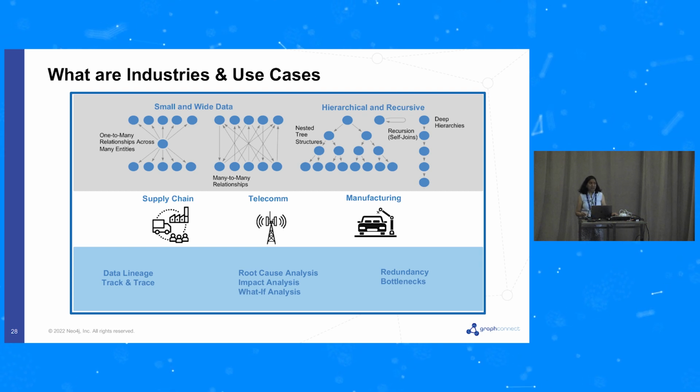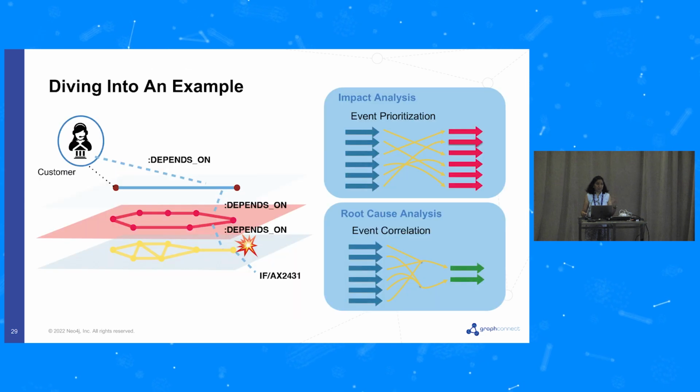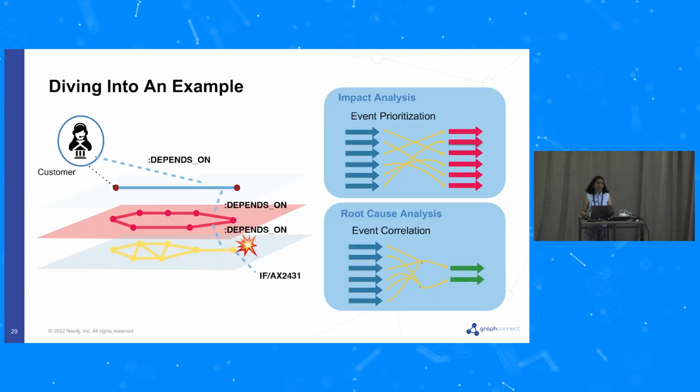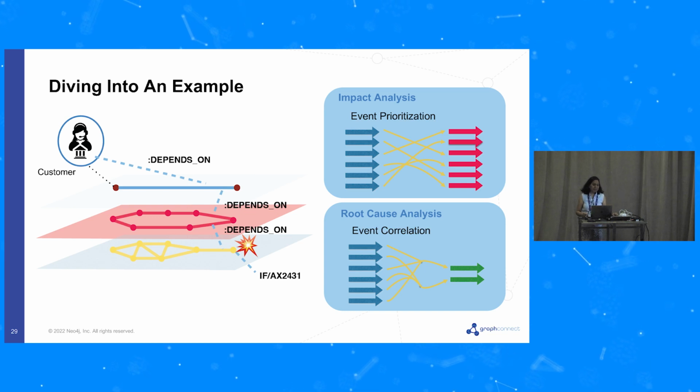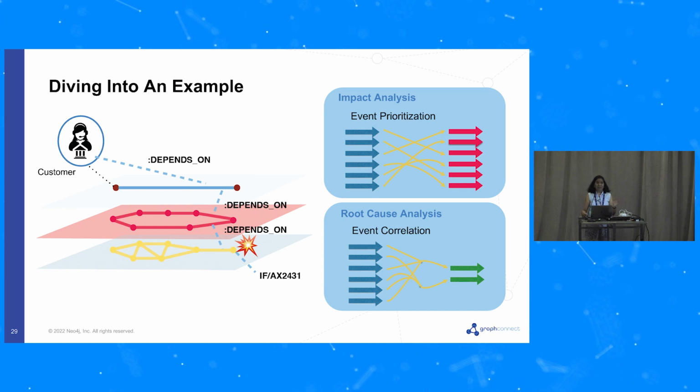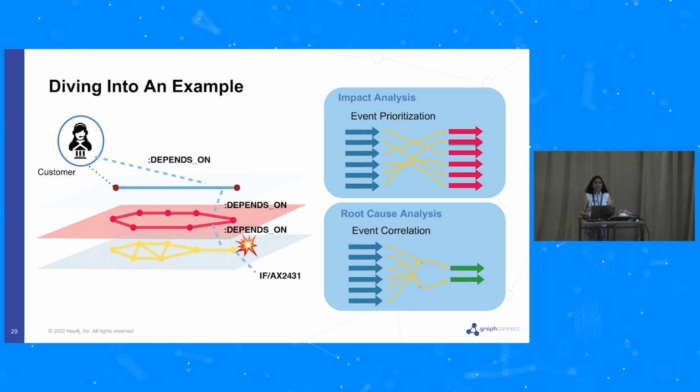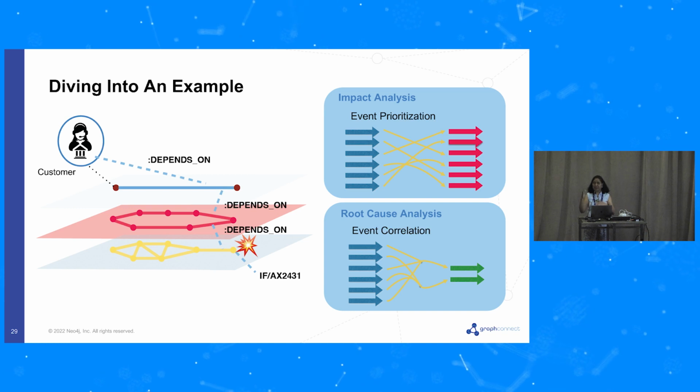Okay, so what I'm going to do right now is dive into an example and share with you a couple of use cases, and I'm going to use the telecom industry to exemplify this. And the reason will be clear when I tell you exactly why. If you take a look at the telecom network, you'll see that it's made up of multiple layers.